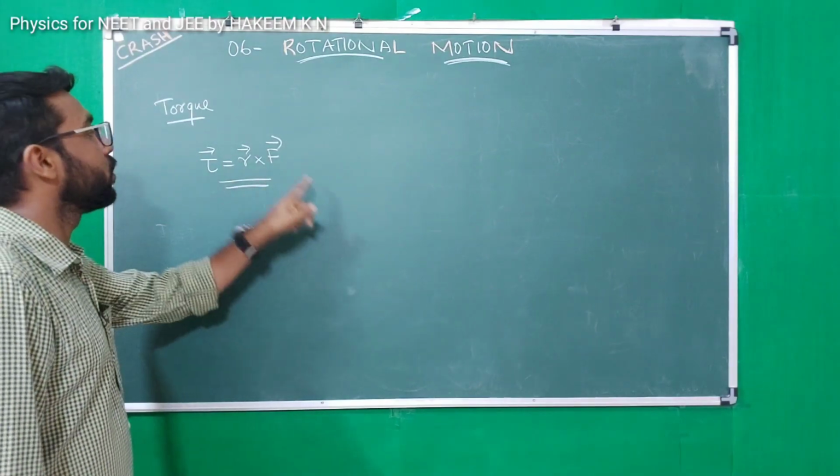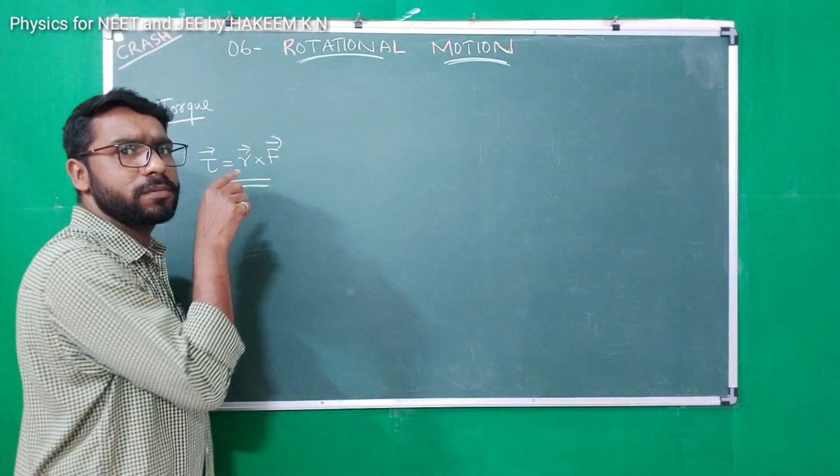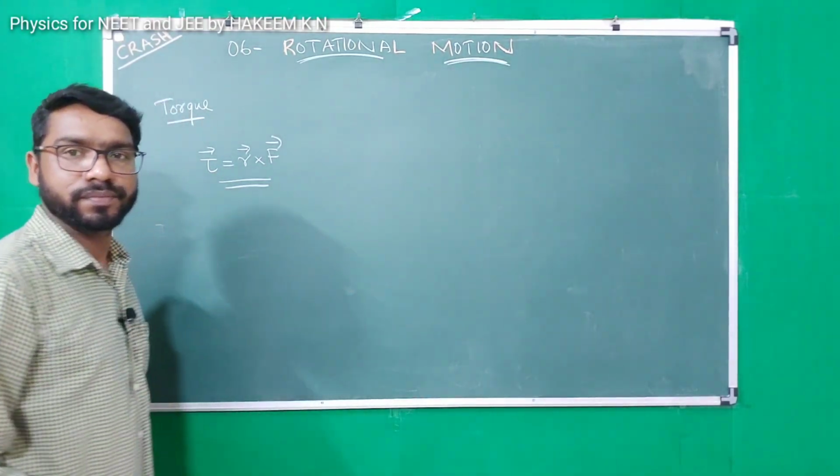The torque is found using tau equals r cross F.